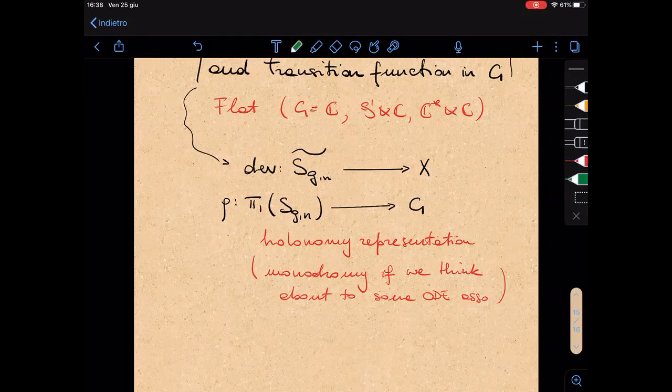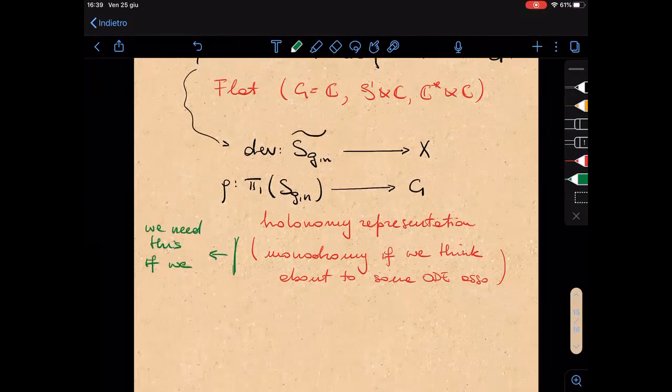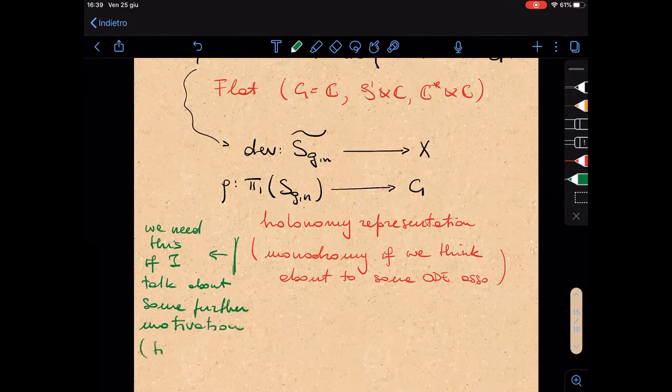But we need this notion if I talk about some further motivation, time permitting.